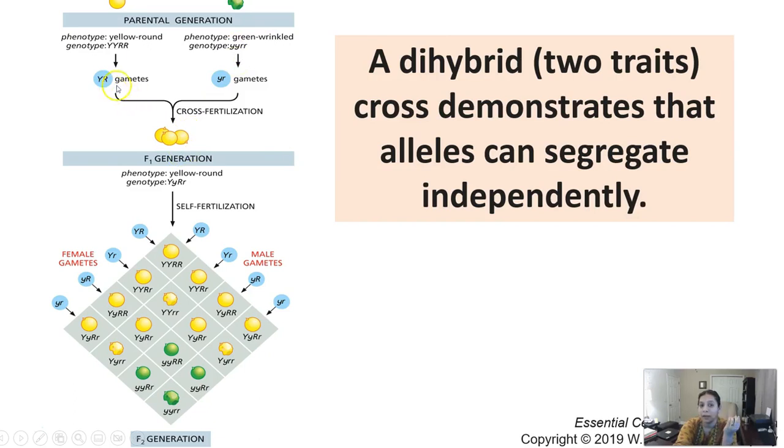Because both alleles are identical in each line, all the gametes of one parent are going to be dominant for both, and all the gametes of the other are going to be recessive for both. You cross-fertilize, same as before, and your F1 generation is all going to look dominant, yellow and round.